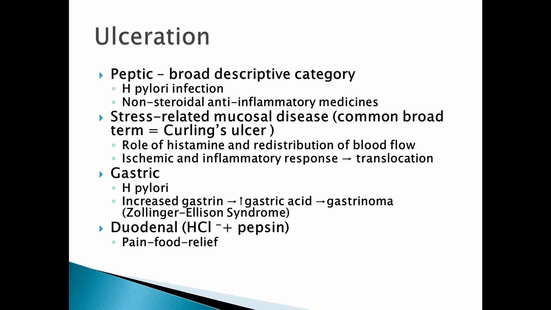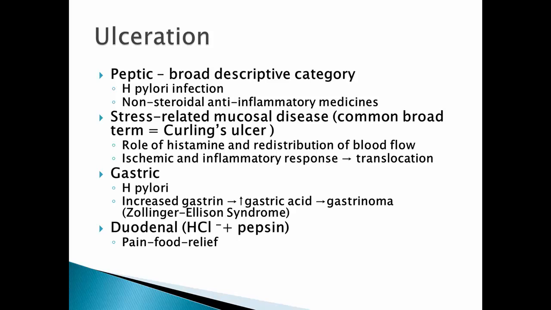So if that barrier is broken, either by more hydrochloric acid being secreted, not enough bicarb being secreted, or by bacteria changing the environment, that mucosal barrier breaks down and then makes ulceration more likely.